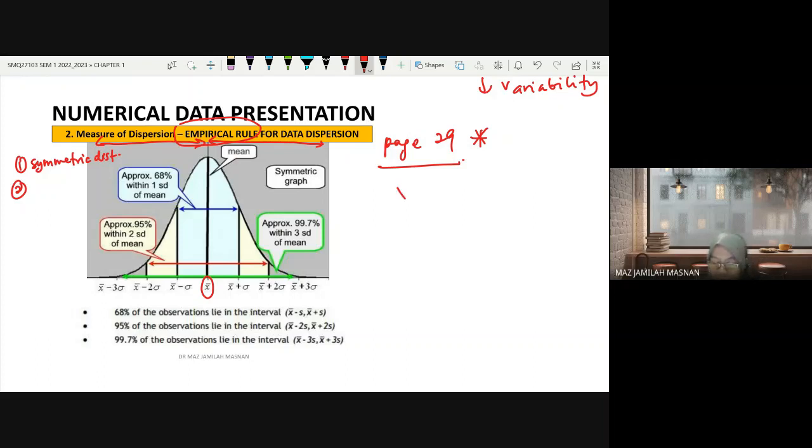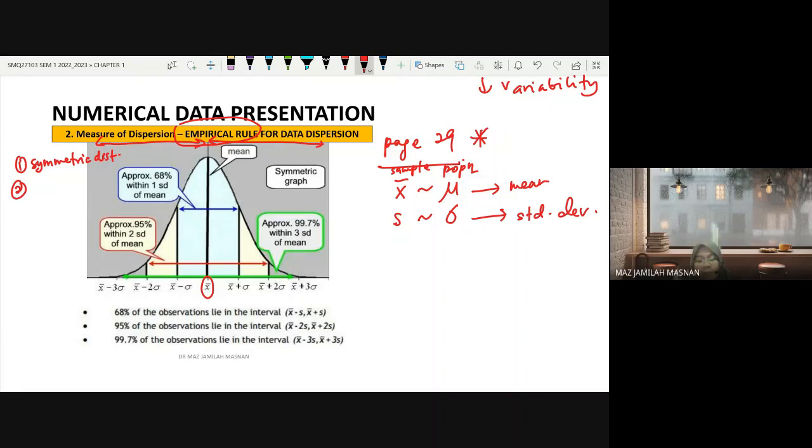We are talking about the standard deviation, which for our population is sigma. So this is the sample, this is the population. This is the mean, this is the standard deviation.